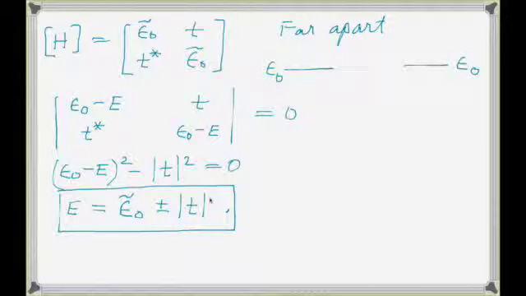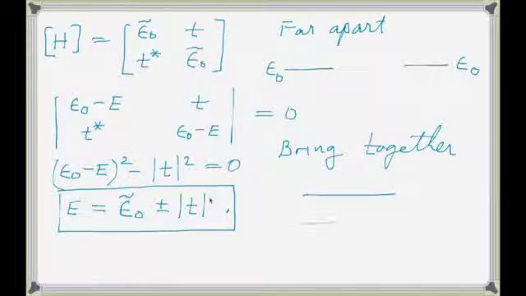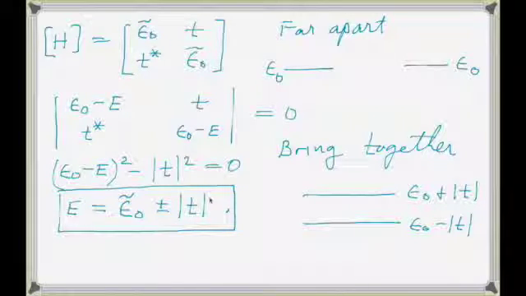And then as I bring them together, I'm going to get an energy spectrum that looks like this, where I have the E0 plus T and the E0 minus T. So I start off with the degenerate system where the energies are the same. As I bring them together, they couple, they split, and the system is no longer degenerate. And if I have one electron, the one electron is going to go into the lowest energy state. This will become filled. The other will be empty.